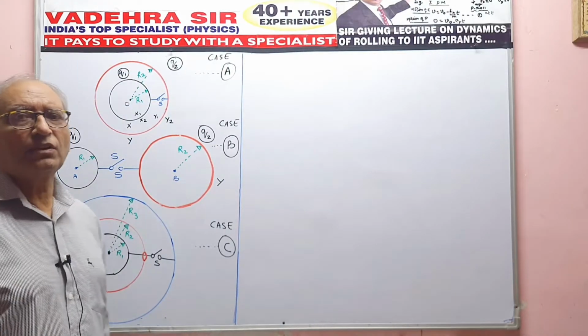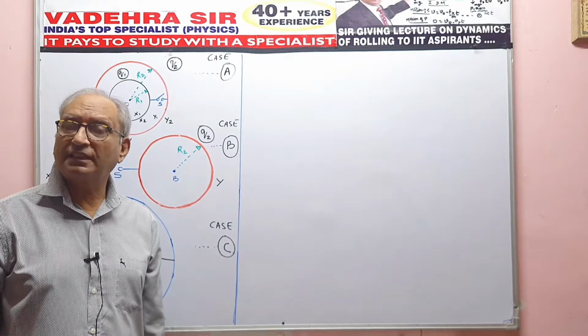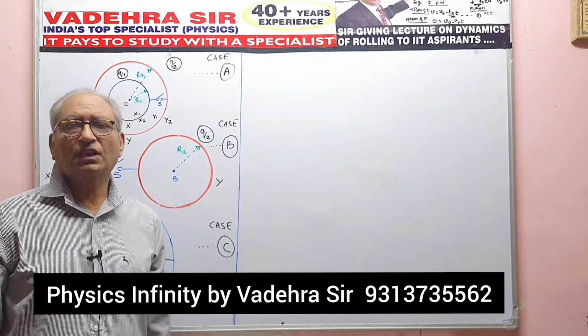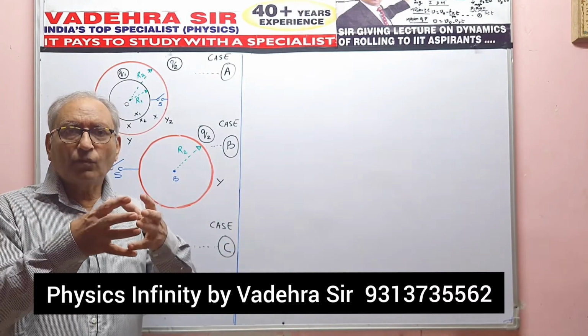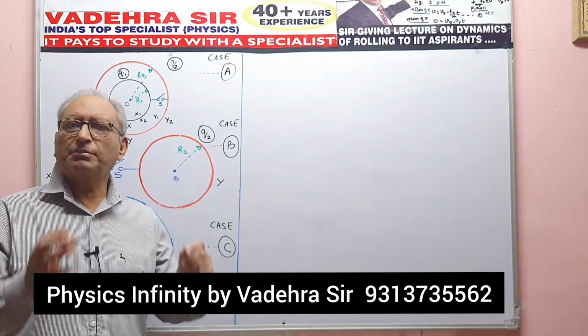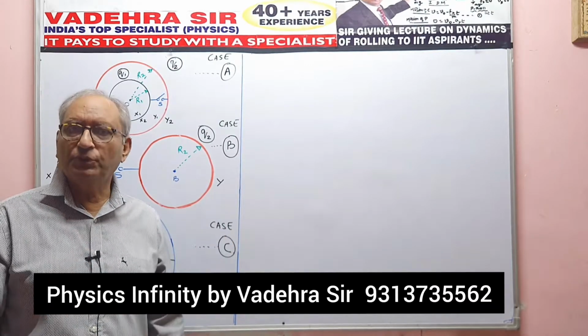I am going to take on yet another problem on electrostatics, where I am going to talk about charged conducting spheres, and when these spheres are connected to each other, what happens, how do the charges get distributed.